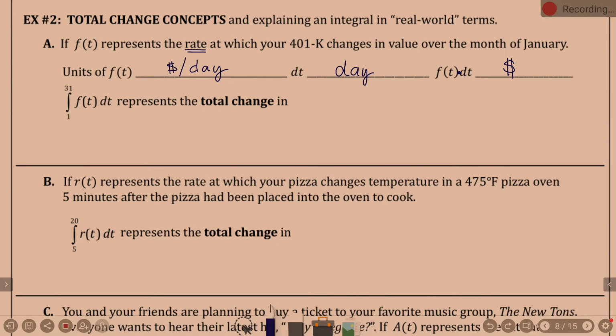So the value of your 401k in dollars for how long? What does this 1 to 31 represent? The 31 days in January. So for the month of January. So it represents the total change in the value of your 401k in dollars for the month of January.